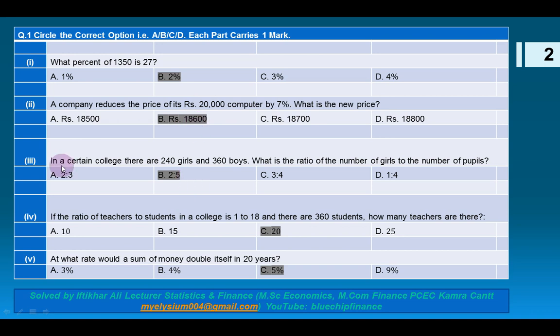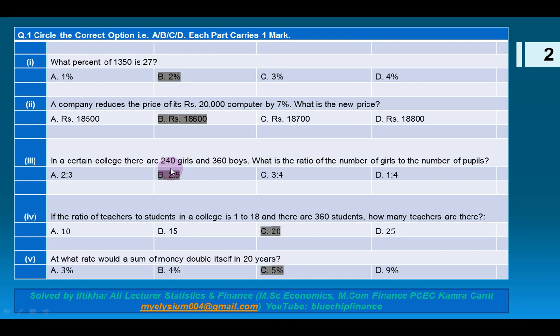Third MCQ is that in a certain college there are 240 girls and 360 boys. Total students or pupils are 240 plus 360, 600. What is the ratio of the number of girls to the number of pupils? Simply reduce the ratio to 240 ratio 600, because total pupils are 600.